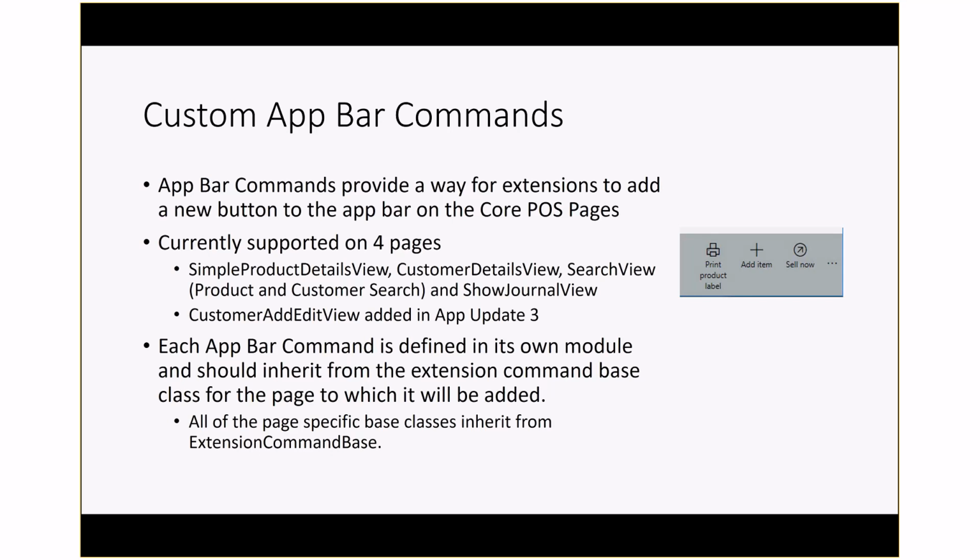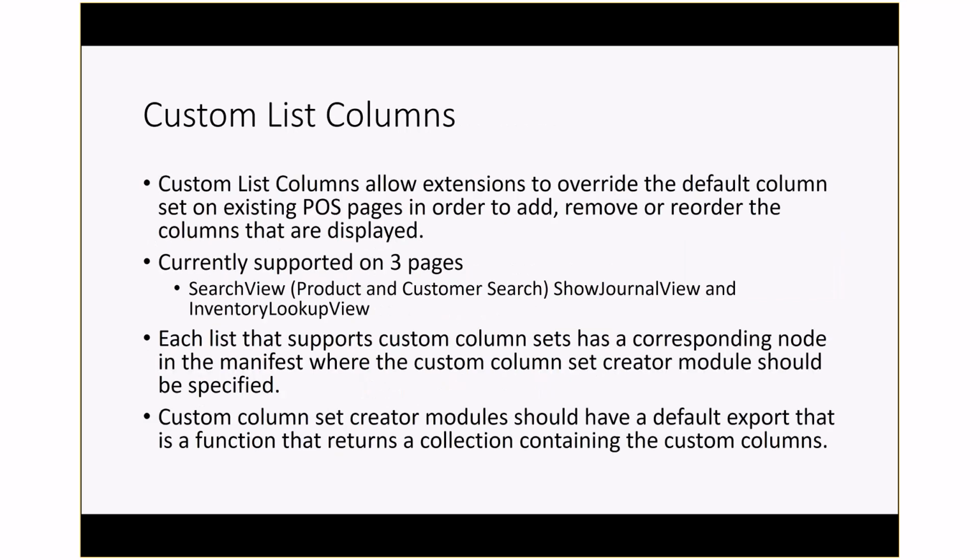All right, and so now to talk just a little bit about custom list columns before switching over to the code and the samples for show journal. So custom list columns allow extensions to override the default column set on the existing POS pages in order to add, remove, or reorder the columns that are displayed.